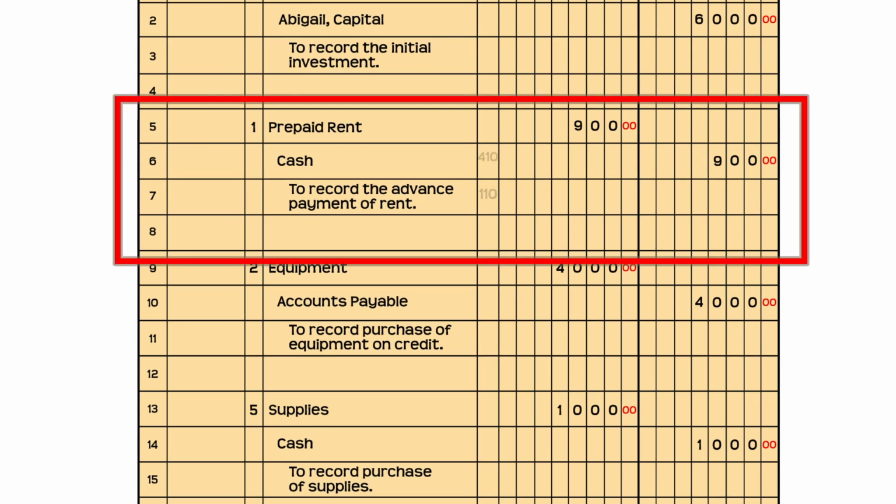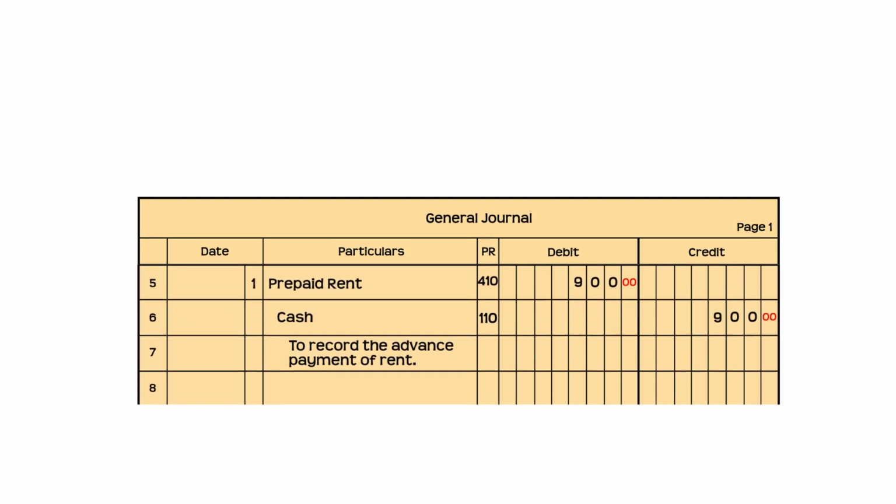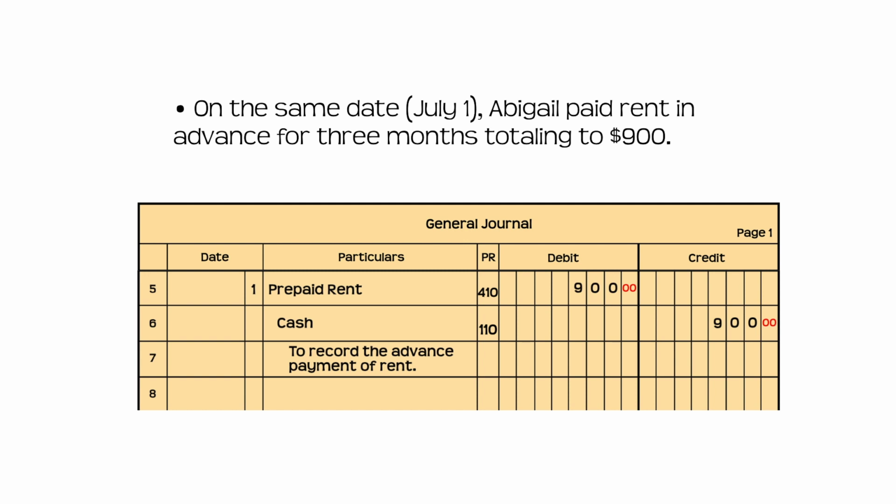On the same date, Abigail paid rent in advance for 3 months, totaling to $900. On the general journal, the entry was debit to prepaid rent and credit cash. Again, you have to locate the ledger of the prepaid rent.